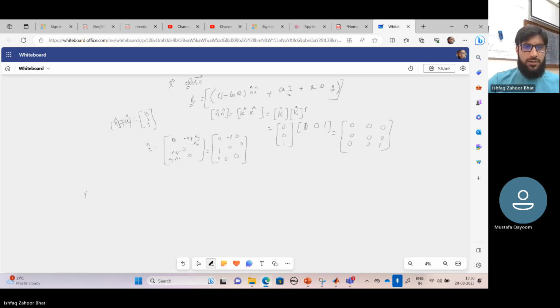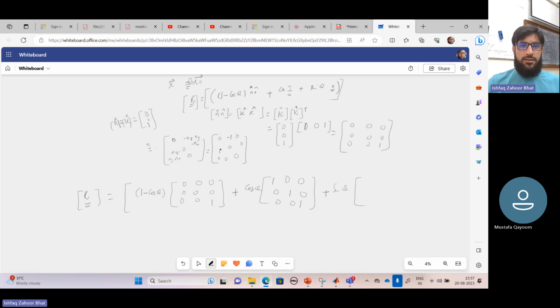So the components of R are equal to (1 minus cos theta) times the matrix with all zeros and a 1 in the corner, plus cos theta times the identity matrix 1, 0, 0, 0, 1, 0, 0, 0, 1, plus sin theta times the skew symmetric matrix of n, which is 0, minus 1, 0, 1, 0, 0, 0, 0, 0.